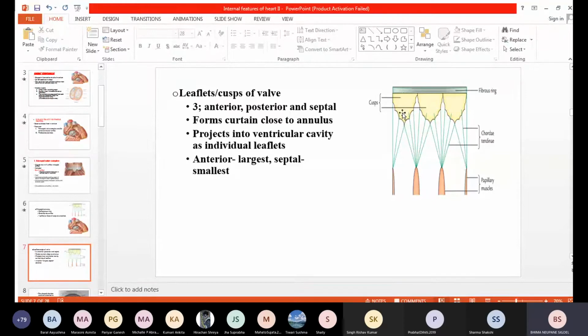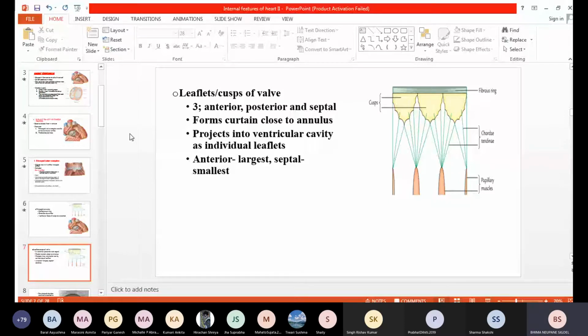You can see here separately they are projecting towards the ventricular cavity only. If we compare the three, the anterior cusp or leaflet is the largest one, whereas the septal is the smallest one.